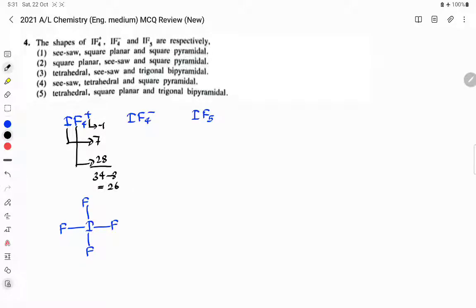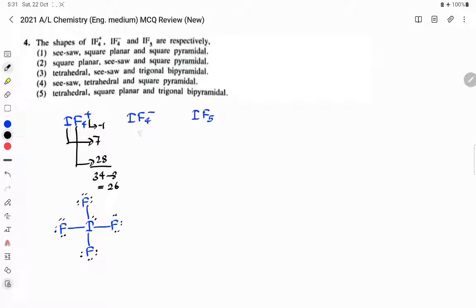Therefore it's 26. So we have to put 26 electrons. Now we can put 24 electrons for the fluorines, because each fluorine gets 6 electrons to complete their octet. Another pair is remaining. That pair should be put on the iodine, the central atom.